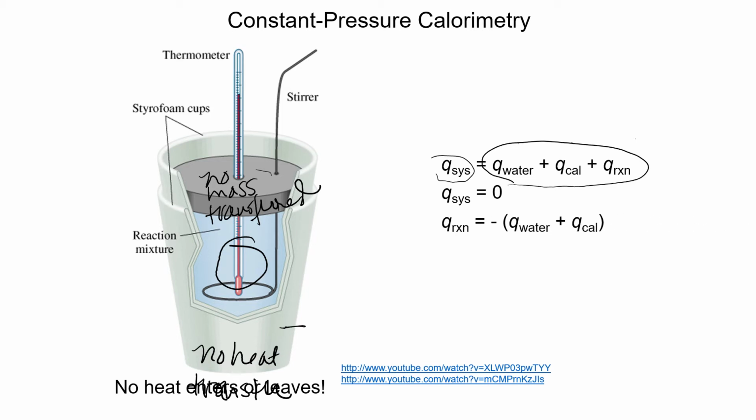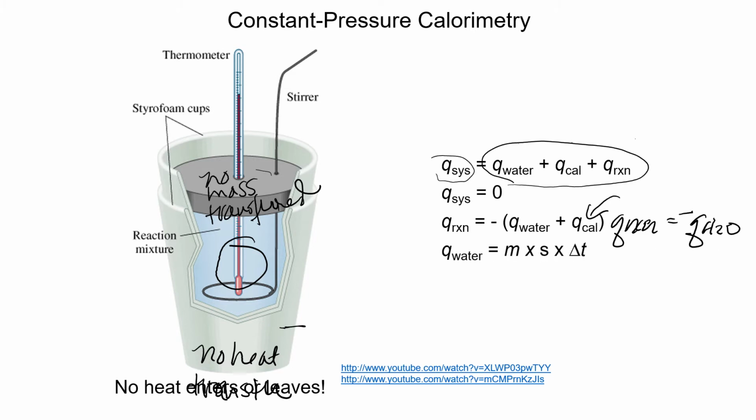So we can also say that if Q of the system equals 0, Q of the reaction equals negative Q of the water plus Q of the calorimeter. But the Q of the calorimeter is negligible, so it's not considered. So what this boils down to is Q of the reaction equals negative Q of the water.